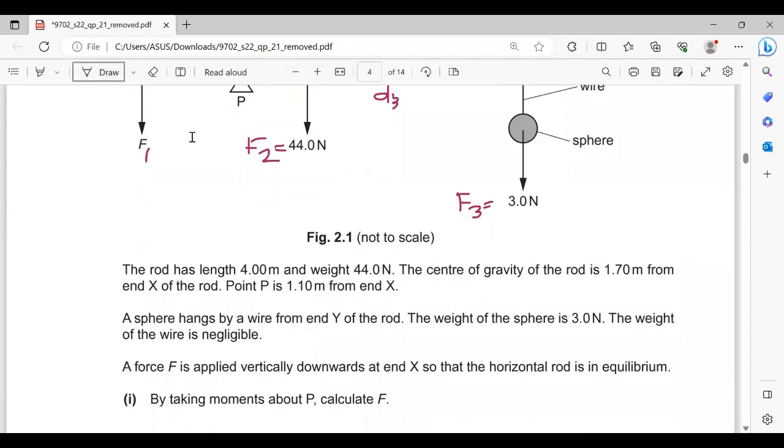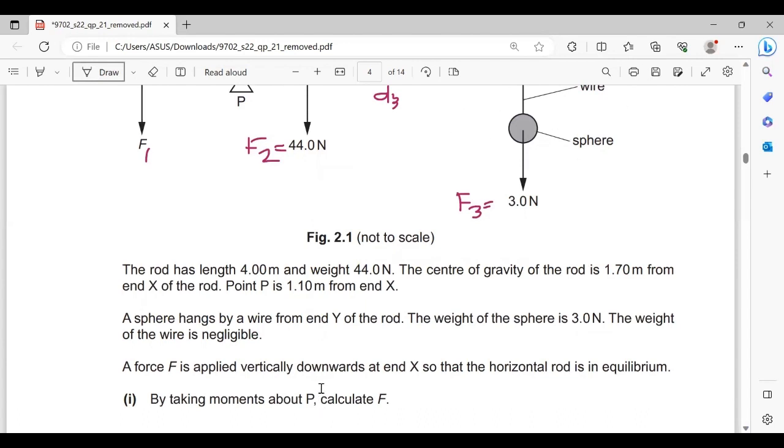Next. The rod has length 4 meters and weight 44 newtons. The center of gravity of the rod is 1.7 meters from the end X of the rod, when P is 1.1 meters from X. A sphere hangs by a wire from Y of the rod.